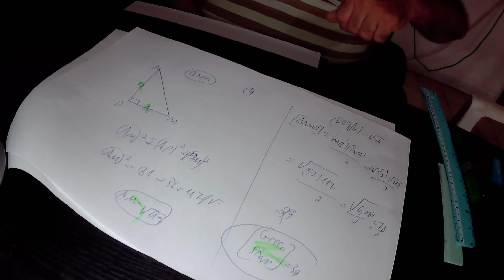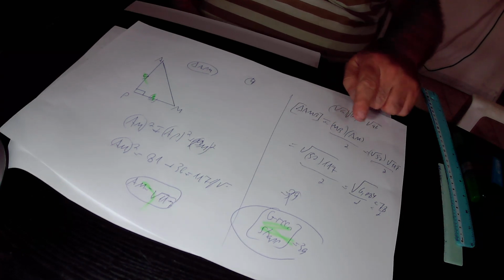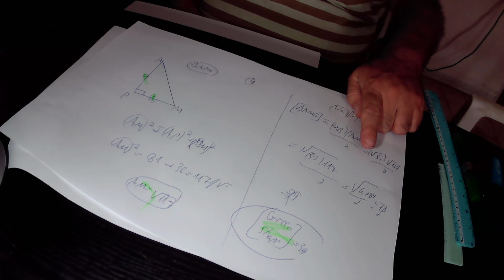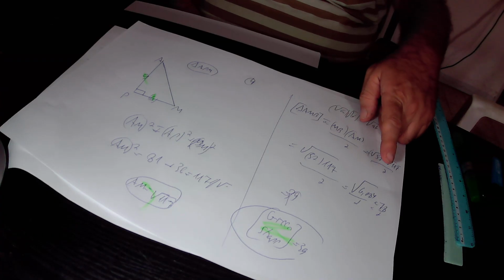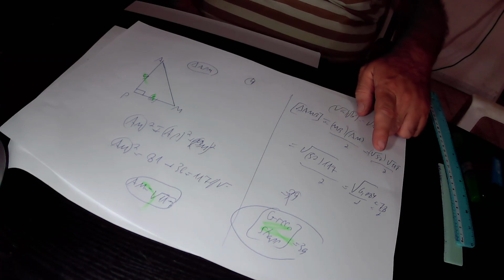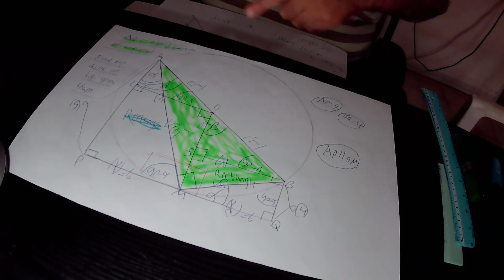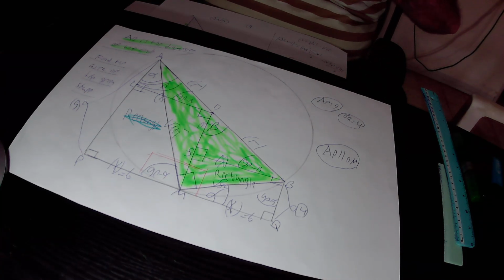Here we divide by 2, and 52 times 117 is 6084. The square root of 6084 is 78, divided by 2. 78 over 2 is 39. So we should remember that the area of this orange shape, the area we are looking for in this question, is equal to 39 square units.